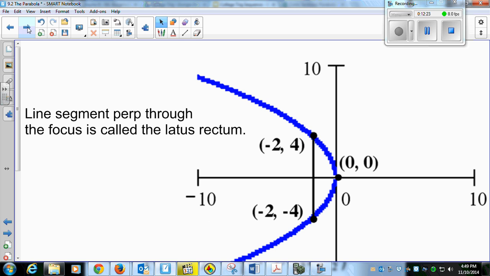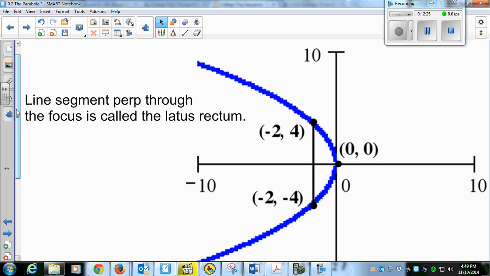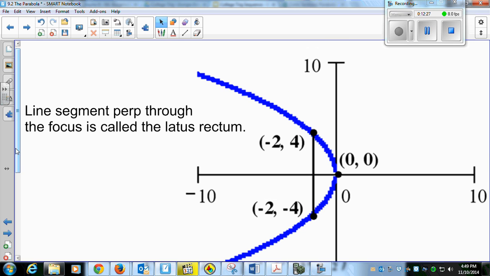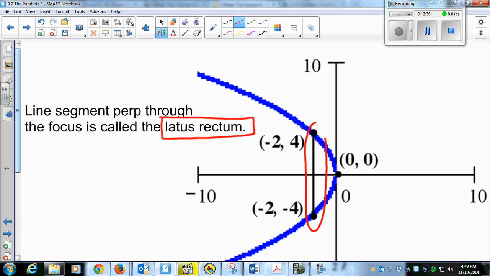So I'm glad that we're doing this at home. That line that we call there, and you can get your giggles out now, is called your latus rectum. So this latus rectum is right here. And again, you find those 2 points, and it's the points lining up with your focus.